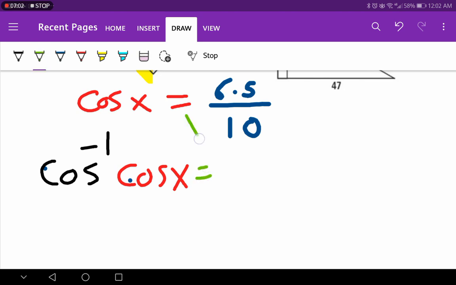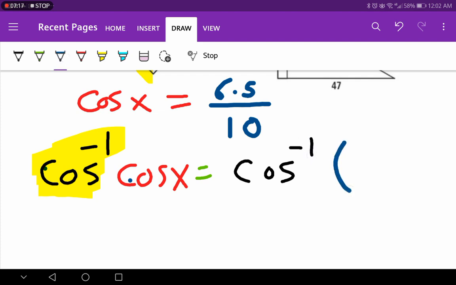I write here cosine inverse on the left, so I need to add it here. Cosine inverse for what? Yes, for 6.5 over 10.